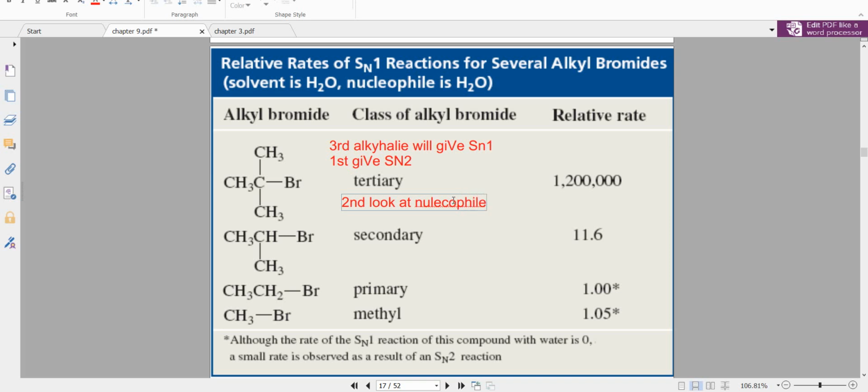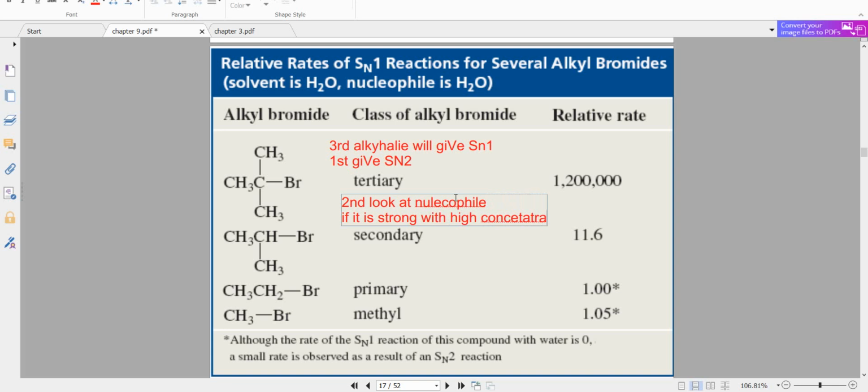If the nucleophile is strong with high concentration, we have SN2.